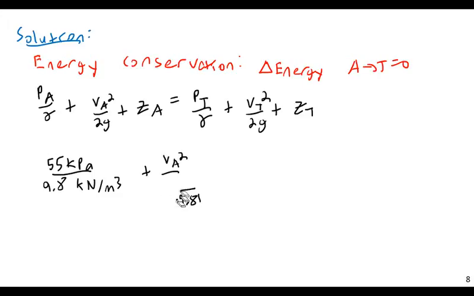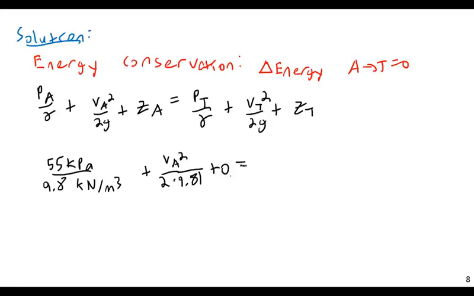Oh wait, sorry, not over 2G, that is 2G, so 2 times 9.81. Now, at first you may ask, wait, what about VA? We'll get there. And then plus 0, because at A, our elevation is 0.